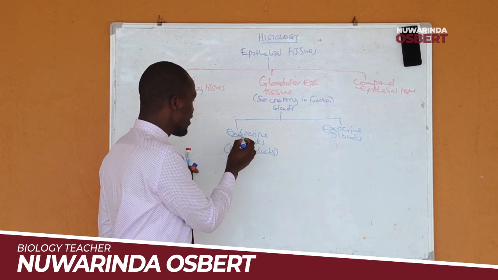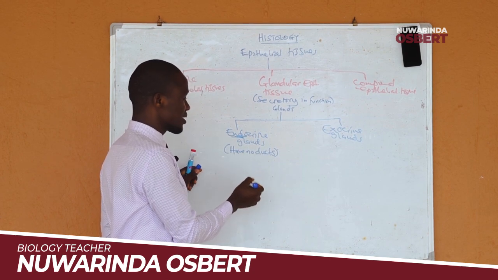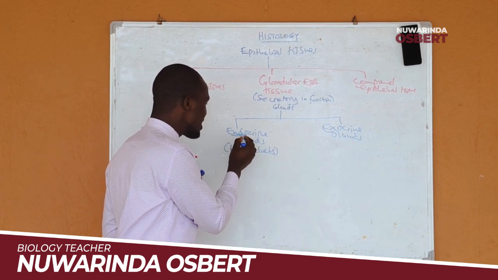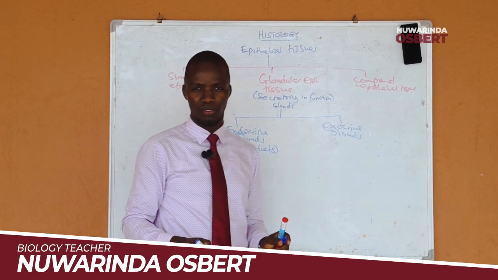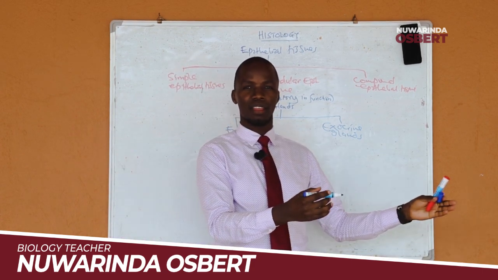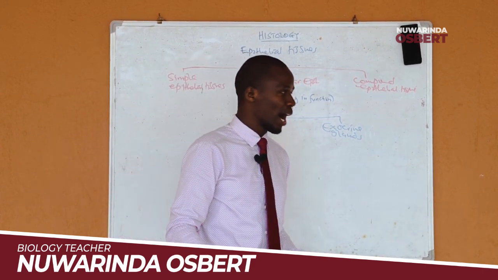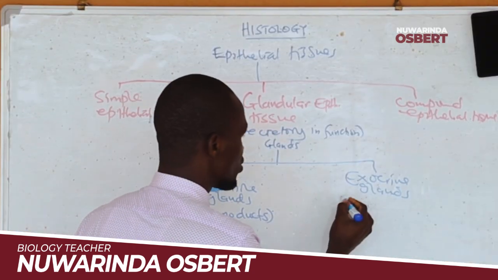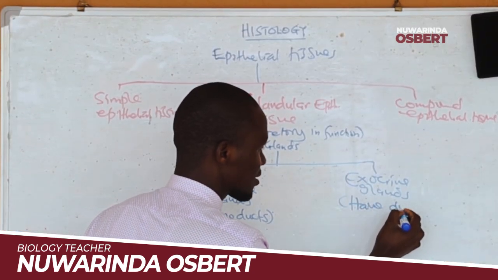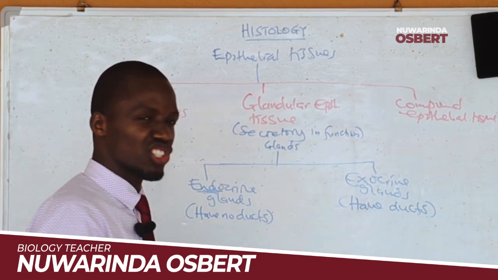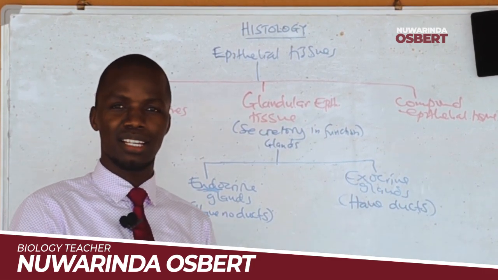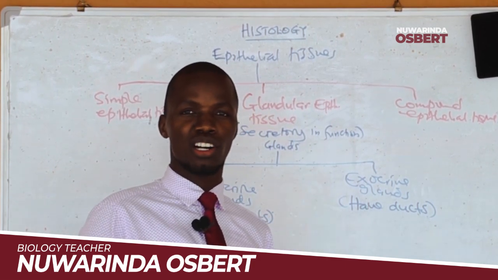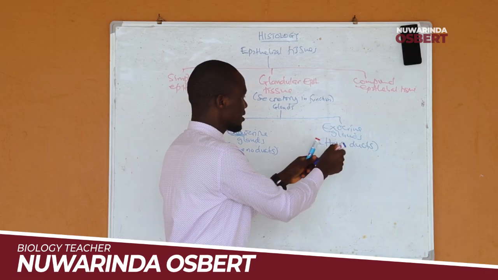They secrete their hormones directly into the blood, so it is blood which transports the different secretions that they produce. Exocrine glands, on the other hand, have ducts. Ducts are pipe-like structures that transport substances from the gland to a given area or site of action. So these ones have ducts, and these ones are ductless.